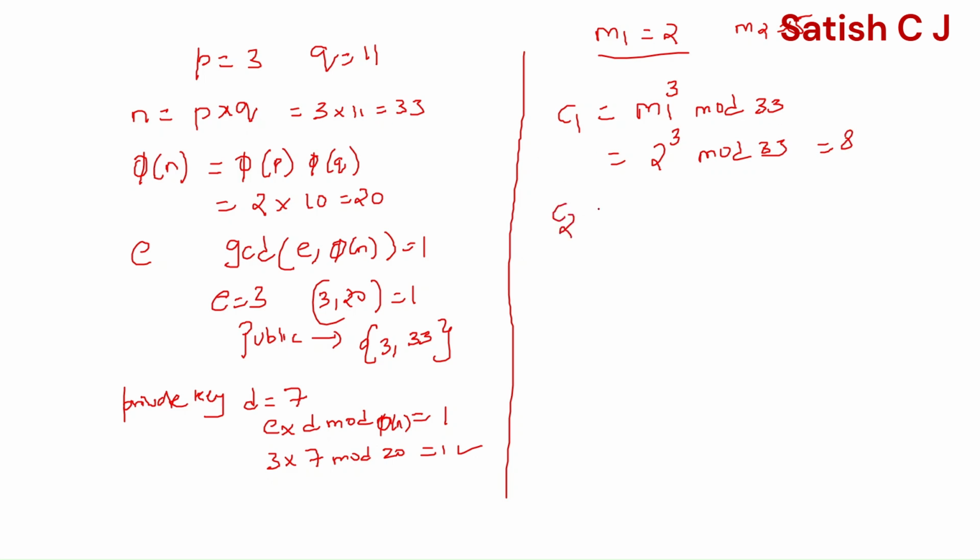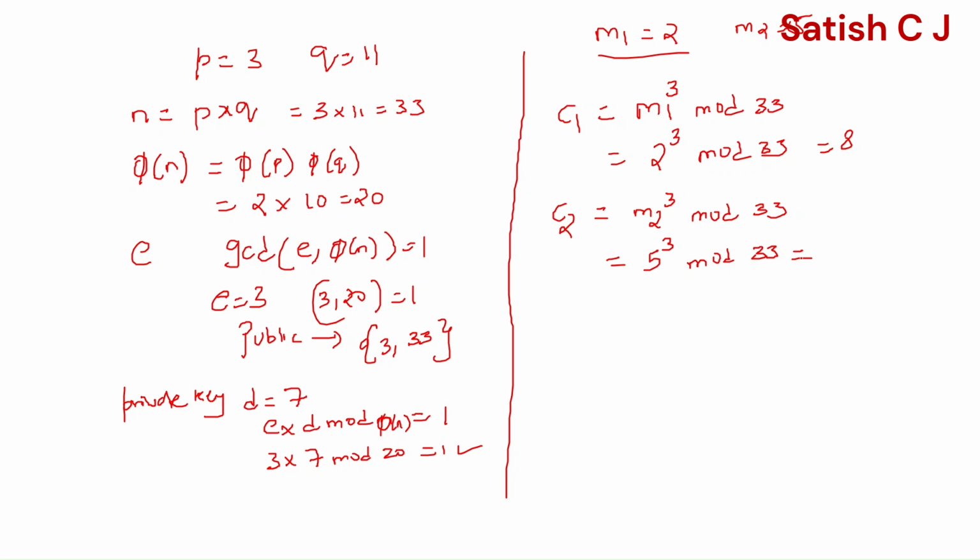And what is C2? C2 is nothing but M2 power 3 mod 33. And 3 is nothing but the value of E. So M2 is 5, 5 power 3 mod 33.